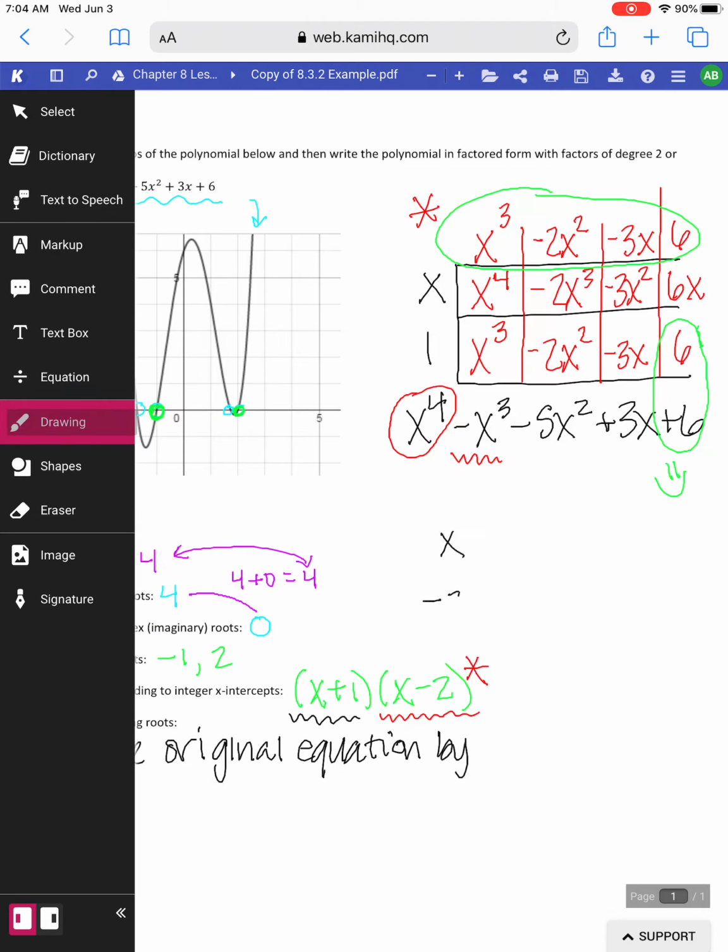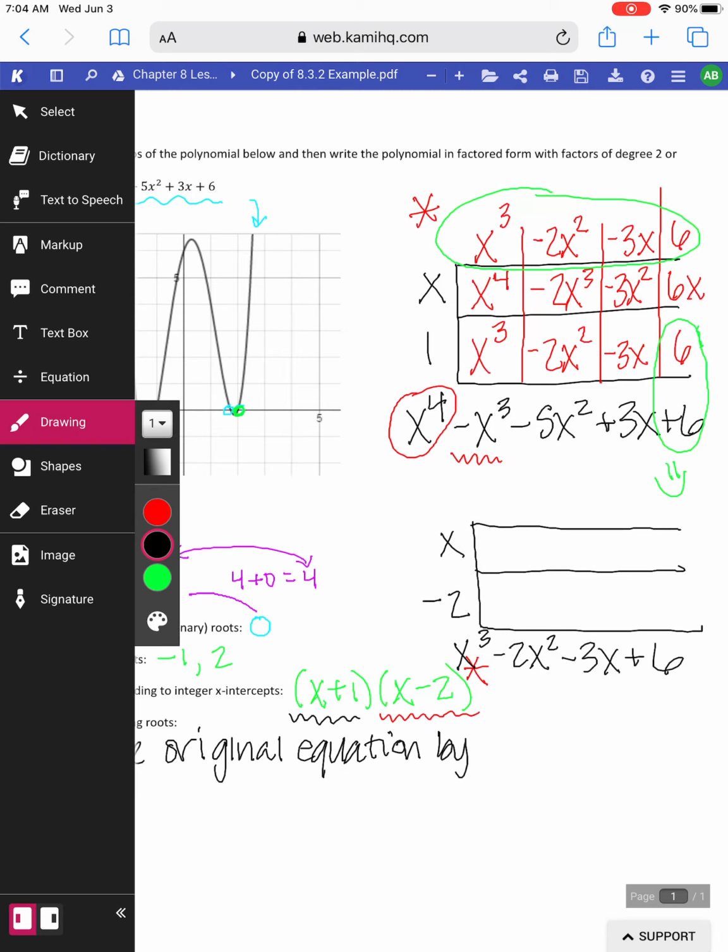So we're going to have x minus 2, and then on the bottom we're going to stick our answer from the last one. So we have x cubed minus 2x squared minus 3x plus 6. Okay, and again, we're going to work our way through here. So we start with our x cubed in the top, which gives us an x squared.